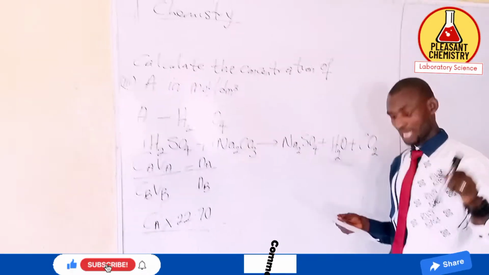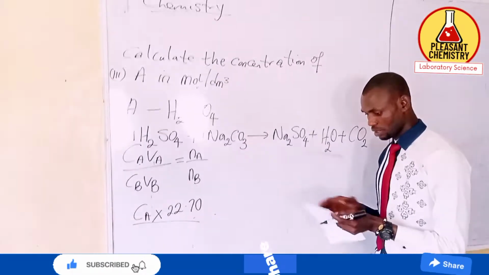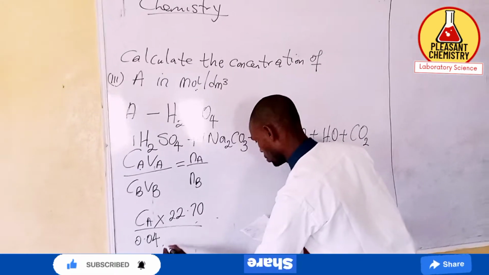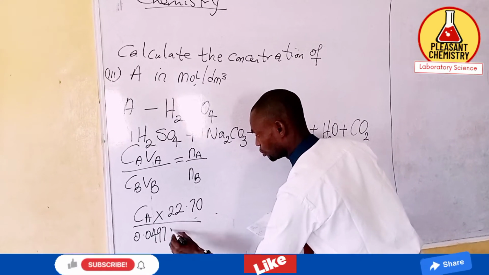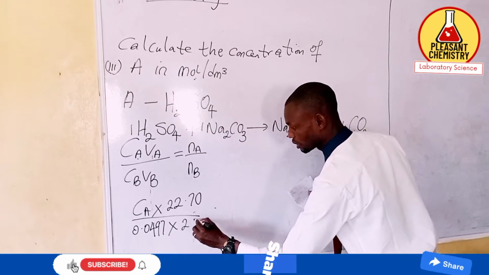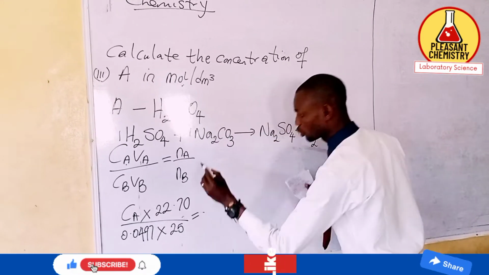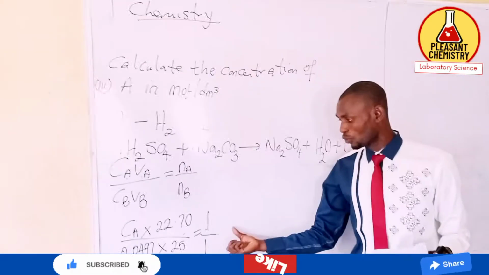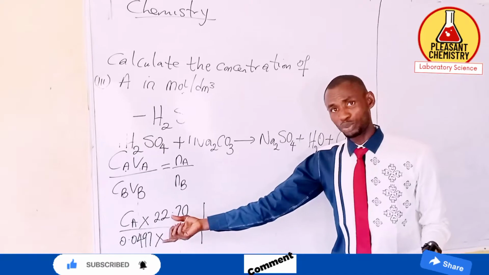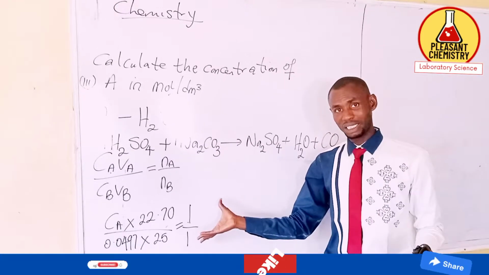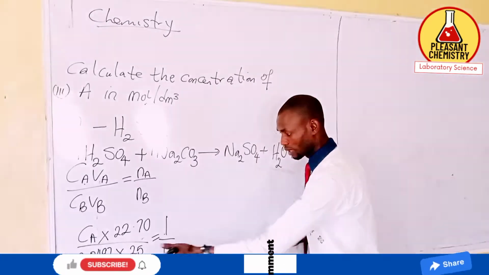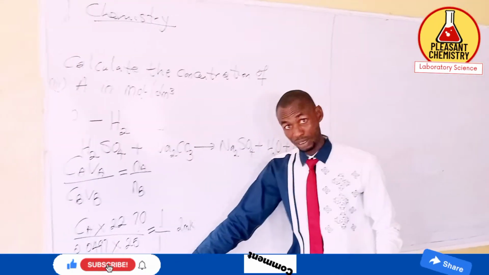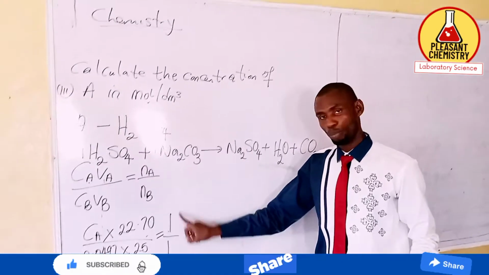We have just calculated our Cb, and our Cb is 0.0497, multiplied by our Vb, which is 25, is equal to our mole ratio 1:1. So you must ensure that you substitute into the formula correctly before you have the mark here. If you do this correctly, you are going to have 2 marks here: 1 mark for correct substitution and the other mark for mole ratio.